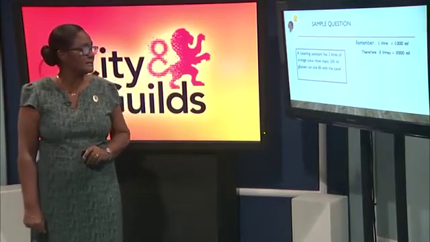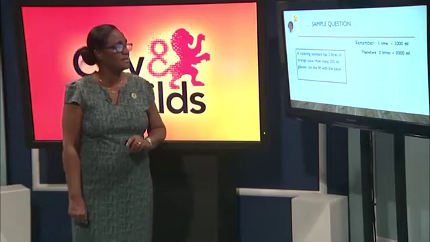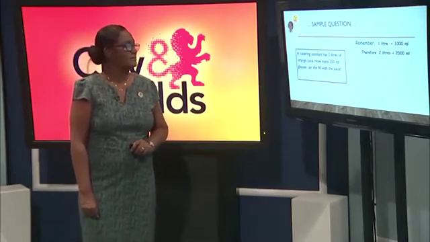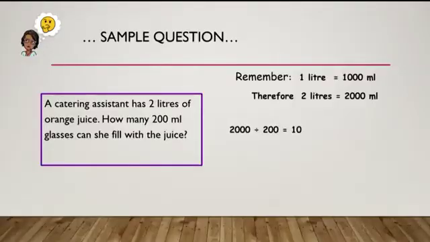You need to practice that, all right? So the 2,000 milliliters, and we have 200 milliliters for each container. When we divide the 2,000 by the 200, we will get 10. She can fill 10 glasses.